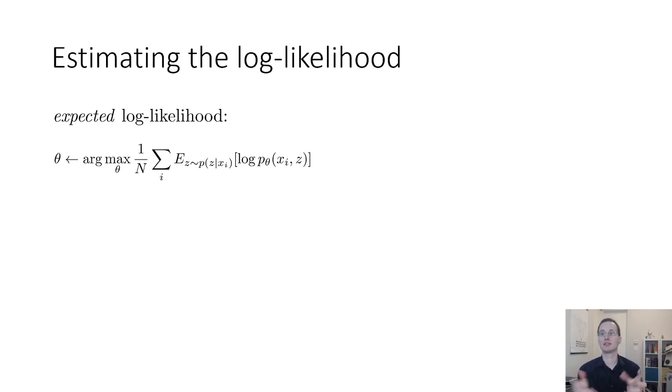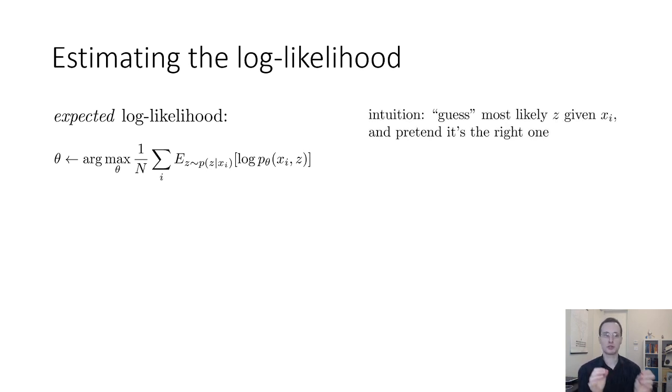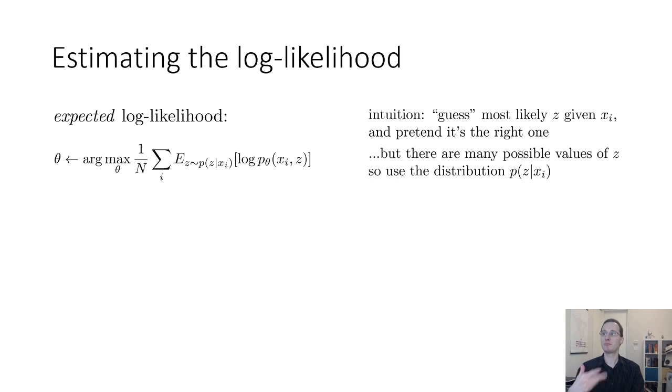And of course, in reality, the way we estimate this expected value is by sampling from P of z given xi, and then maximizing the corresponding log probability of xi and z. So the intuition is that we're going to guess the most likely z given xi and pretend that it's the right one. But there are many possible values of z, so we use the distribution P of z given xi, or some estimate of that distribution.